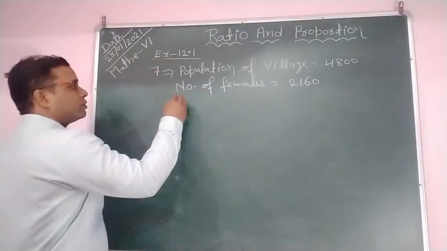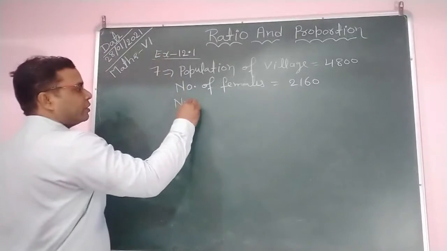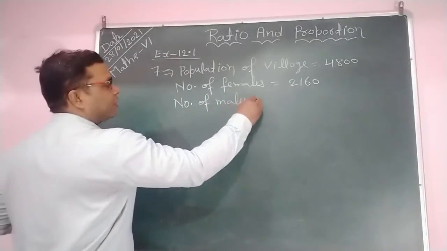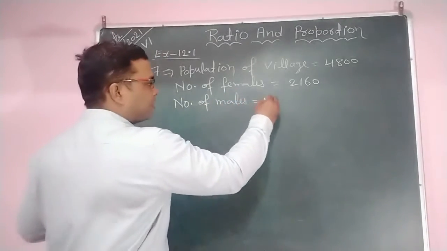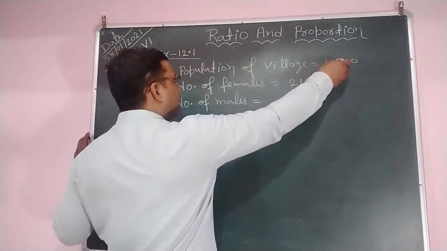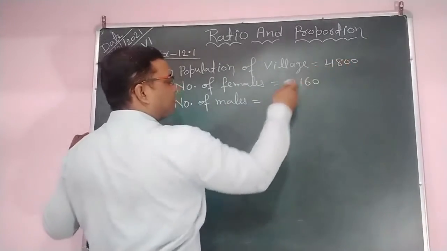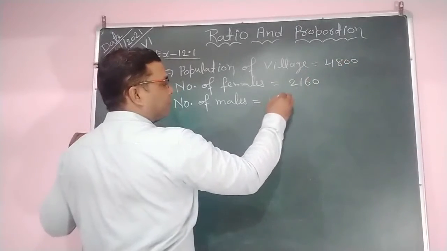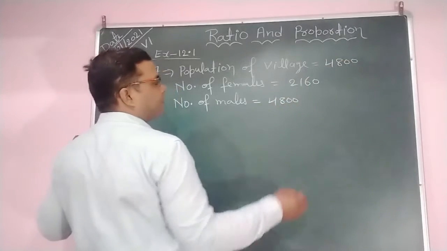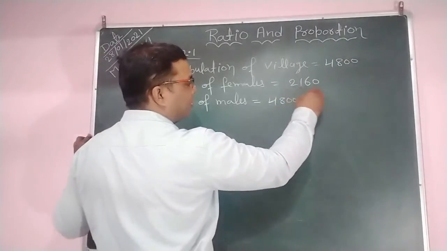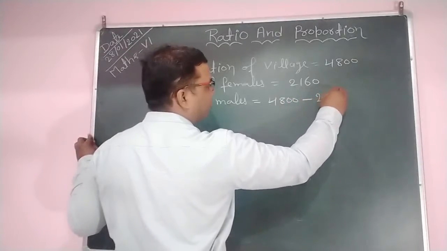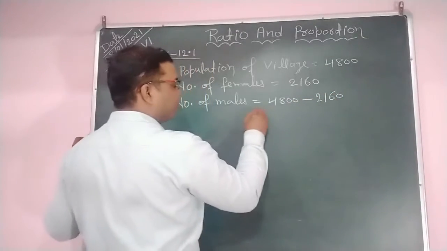Now we need to find the number of males in a village. Number of males in a village is equal to the population of the village minus the number of females. So 4,800 minus 2,160.